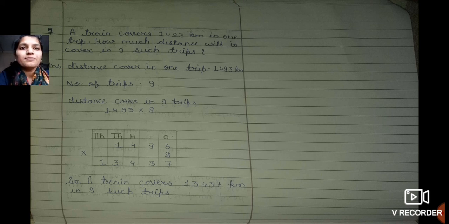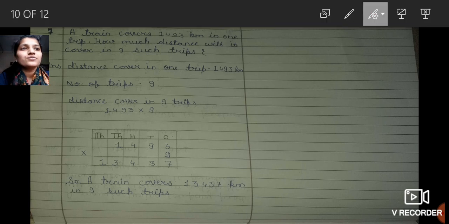So we are going to multiply 1493 by 9. So we are going to multiply the distance covered in one trip into 9 trips. Okay, so first of all we are going to multiply 9 by 3, then 9 by 9, then 9 by 4, and 9 by 1.